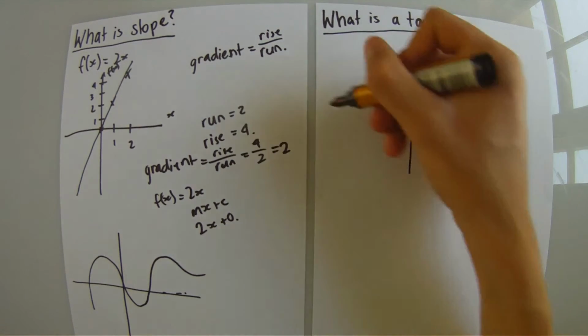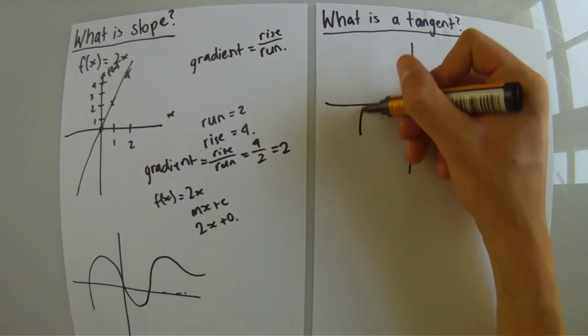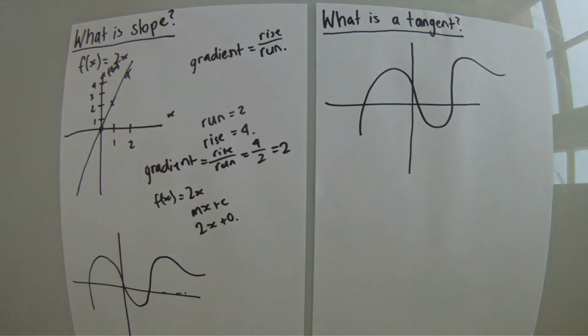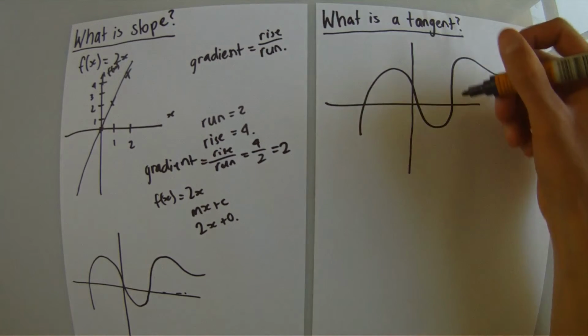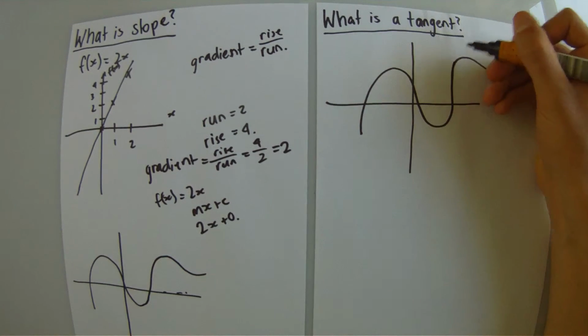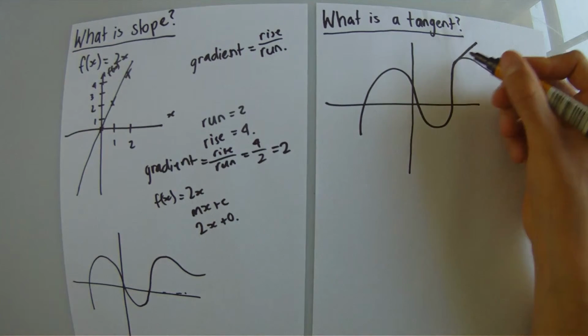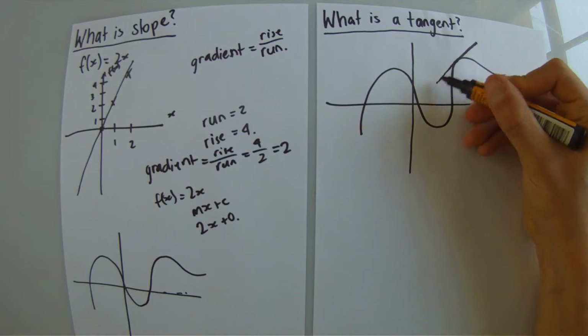So if we redraw this graph over here, just roughly, a tangent line is a line that's parallel to the curve. If you imagine going along this curve, at one point the line just goes straight out from that point, and then you can draw it back across.